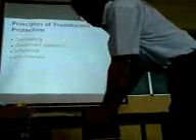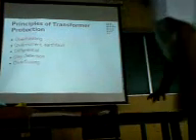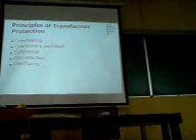So having looked at what sort of problems the transformers will face, now we will see what principles we have to employ to protect the transformer from all the types of faults that we have been discussing.